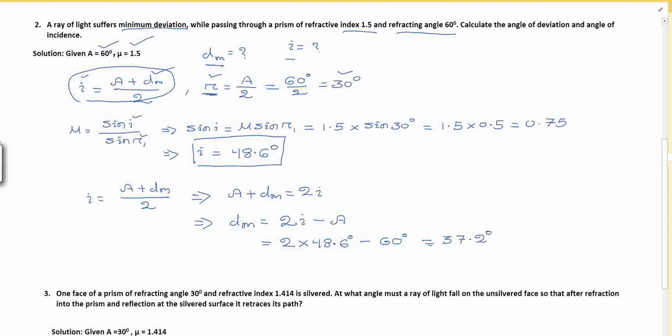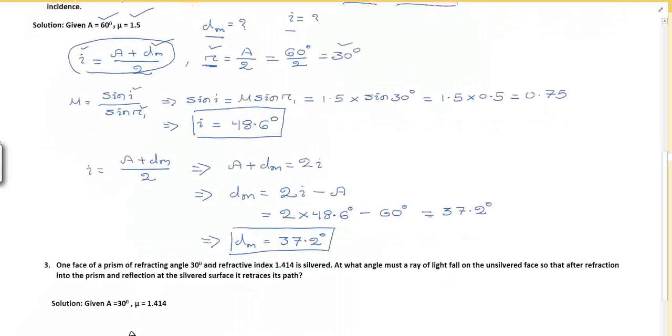Okay. Now this is the value of angle of minimum deviation, 37.2 degree. Now the last numerical.